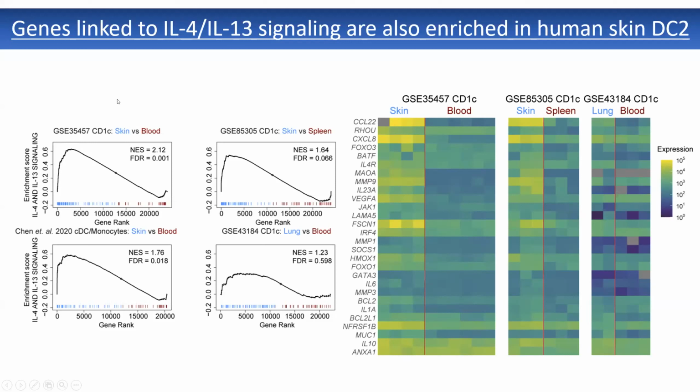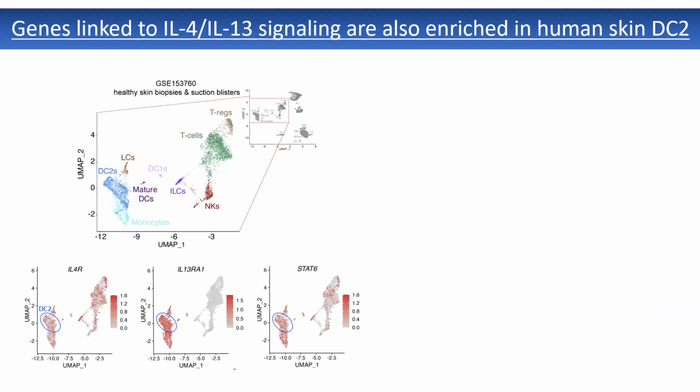And what we could observe was that genes linked to the IL-4 and IL-13 signaling pathway in human dendritic cells were enriched in the skin, but not enriched in other tissues such as the blood, the spleen, and the lung. And so clearly indicating that IL-4 or IL-13 signaling also plays a role in the skin and also directly affects dendritic cells within the skin in healthy individuals.